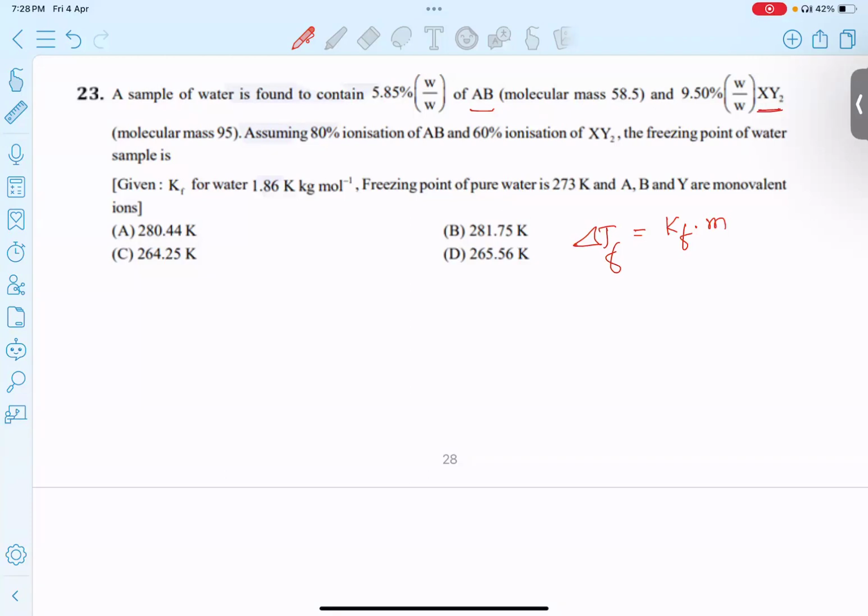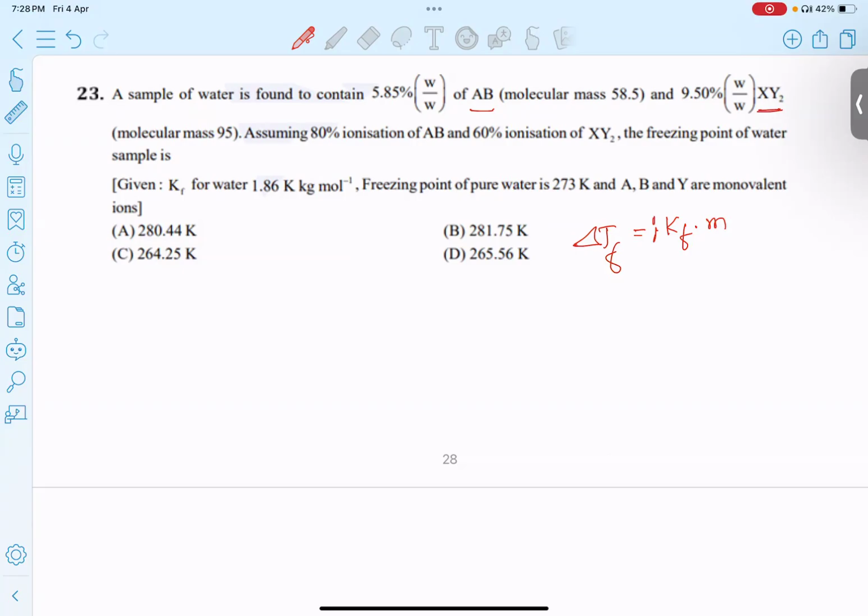Here, the solutes are electrolytes, so they undergo dissociation, ionization. Therefore, I have to include the van't Hoff factor in this formula also.